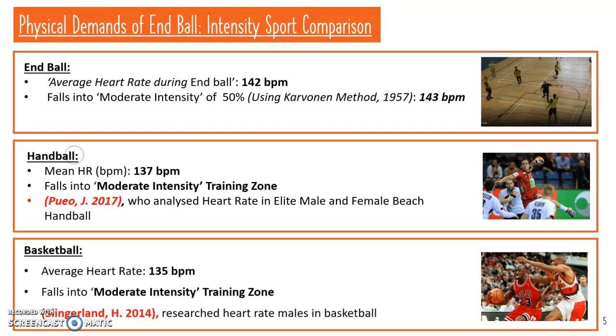The reason for this is that the average heart rate for endball is 142 beats per minute, for handball is 137, and for basketball is 135, which are all similar. This puts all 3 of these sports into the moderate intensity training zone, averaging around 50% intensity.